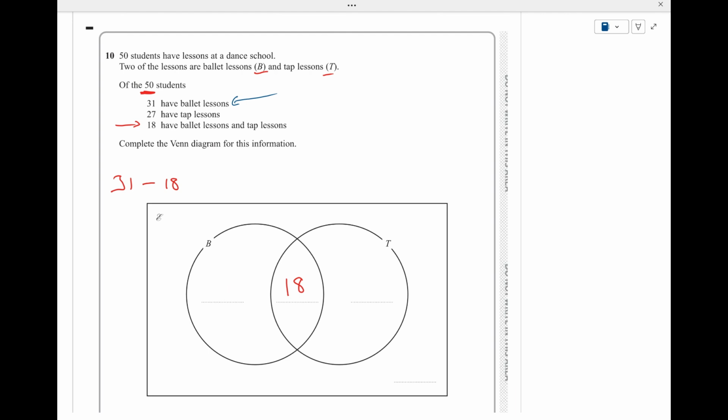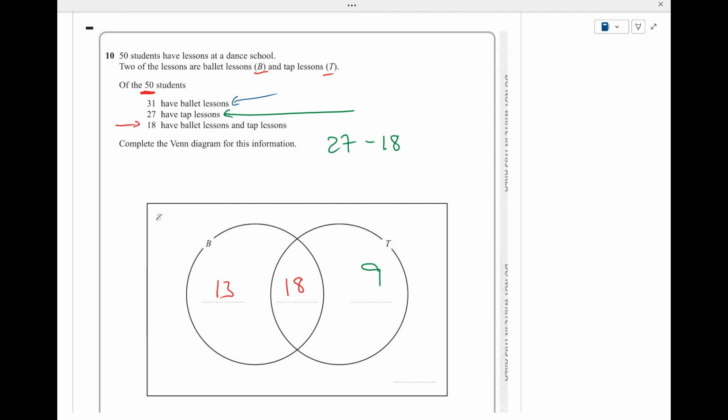So 13 have just ballet, 18 have ballet and tap, and hence 31 altogether have ballet. What about this bit of information? 27 have tap. Well, 18 of those are already accounted for. 27 minus 18, 9 must go there.